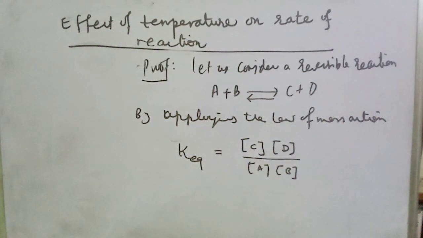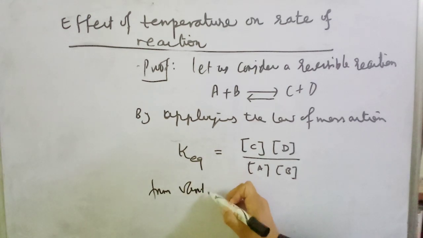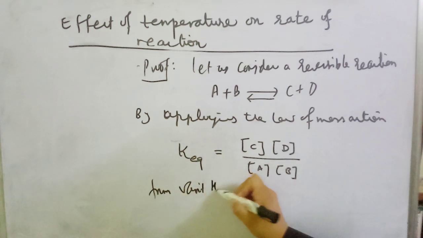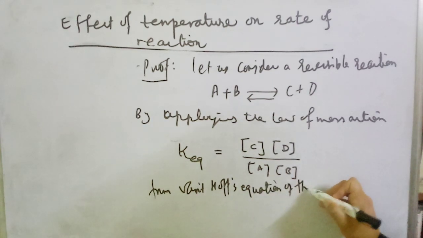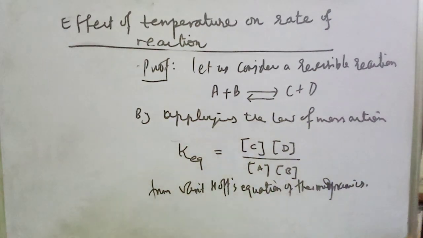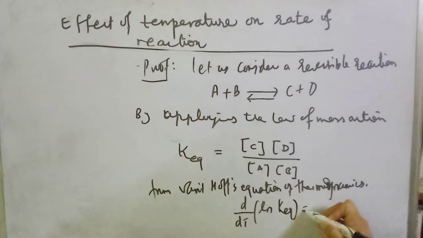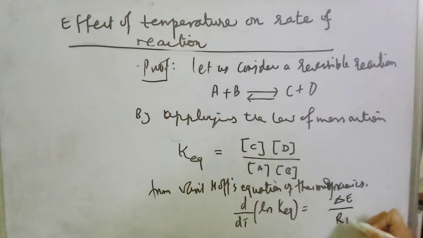So this is the law of mass action, and from the Van 't Hoff equation of thermodynamics, it can be written this way: d/dT ln K_eq = ΔE/RT².